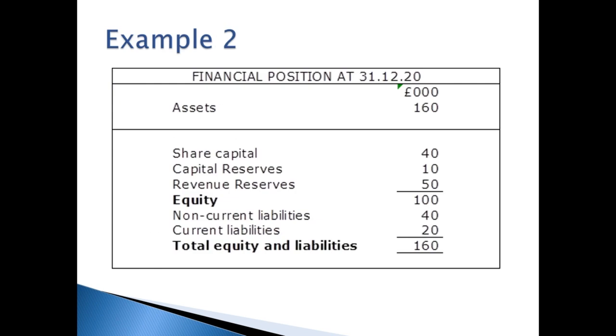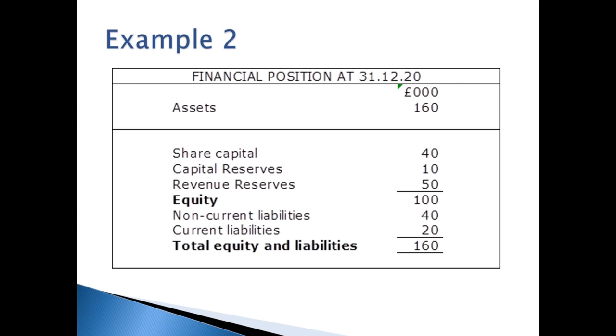So we just go back here. You can see the bottom half basically shows where all the money has come from, the £160,000 that has been used to buy the £160,000 worth of assets that you see at the top of the statement.